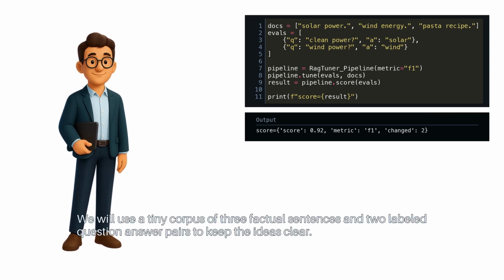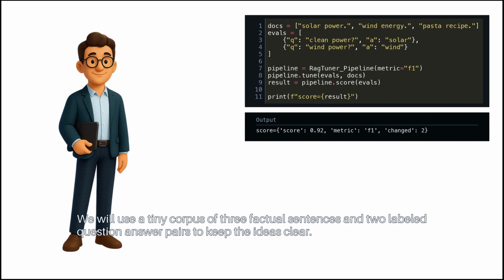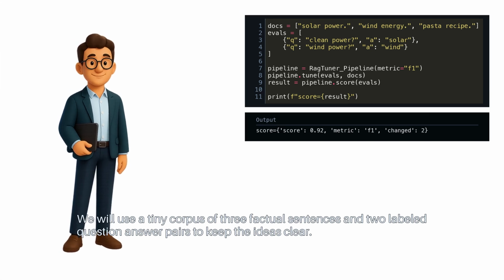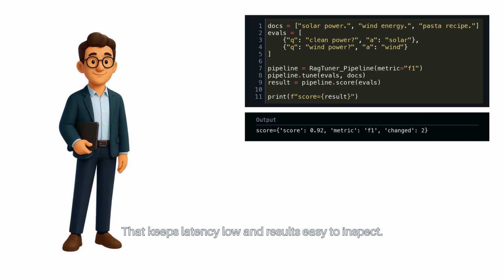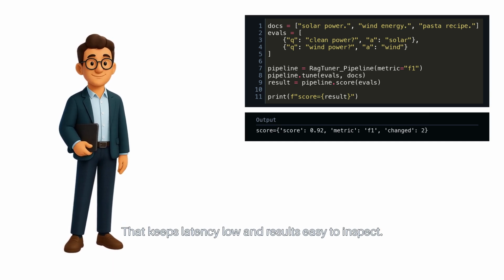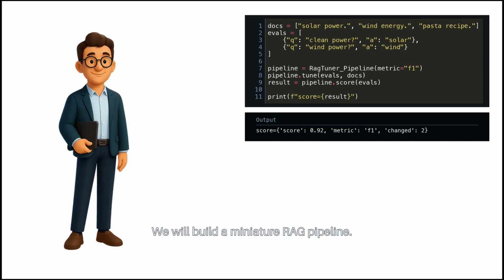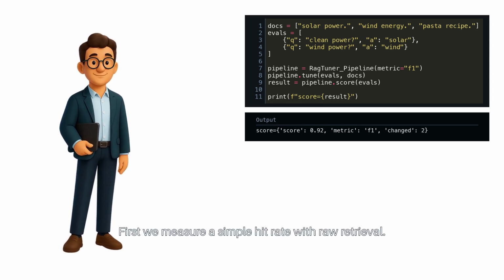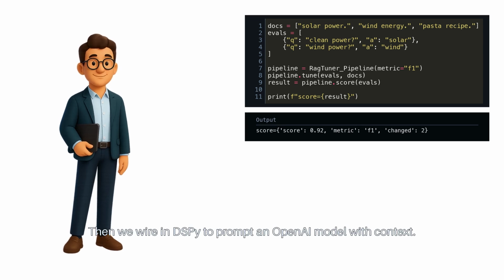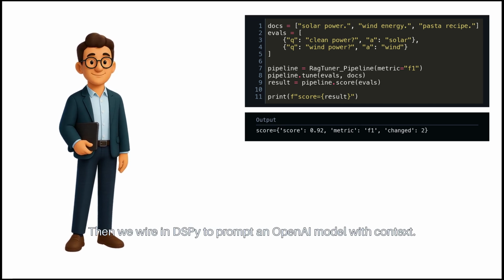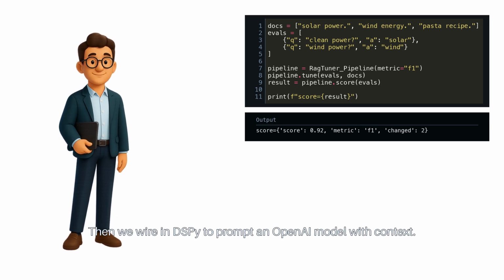We will use a tiny corpus of 3 factual sentences and 2 labeled question-answer pairs to keep the ideas clear. That keeps latency low and results easy to inspect. We will build a miniature RAG pipeline. First, we measure a simple hit rate with raw retrieval. Then, we wire in DSPy to prompt an OpenAI model with context.